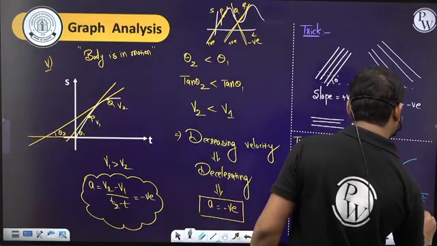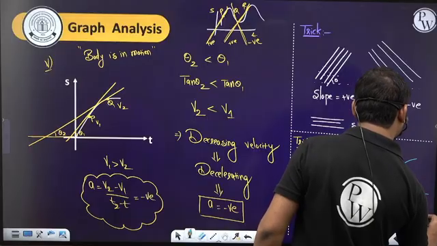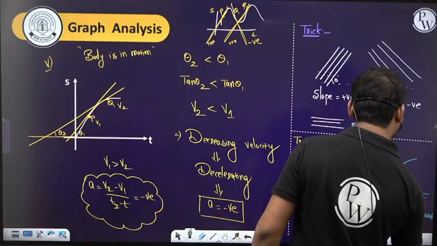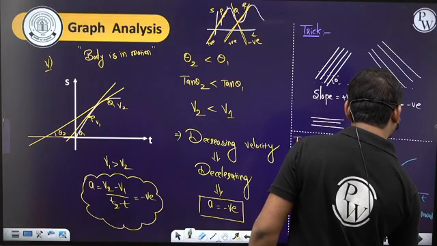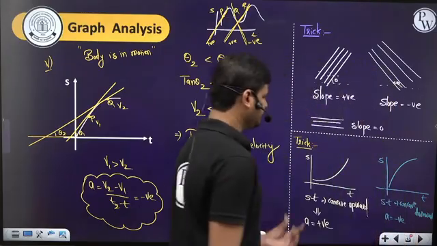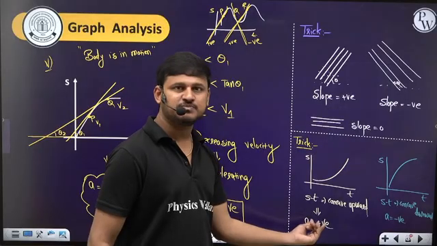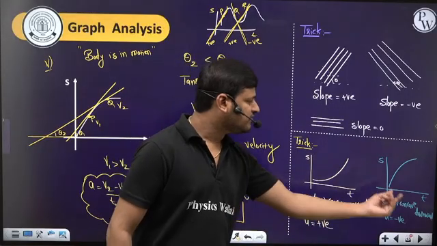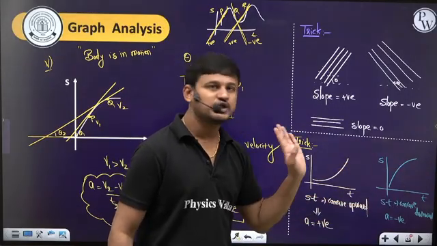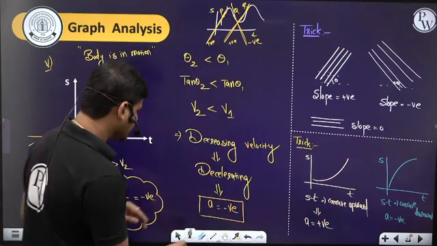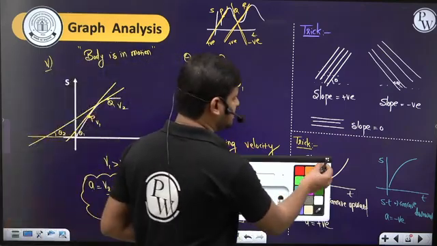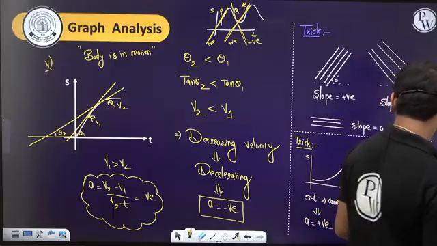Its acceleration will be negative. So this trick also you remember. If it is a position-time graph, if it is concave upward, acceleration is positive. If the position-time graph is concave downward, the acceleration is negative. Clear? Understood everyone? Sure. So let's move further.